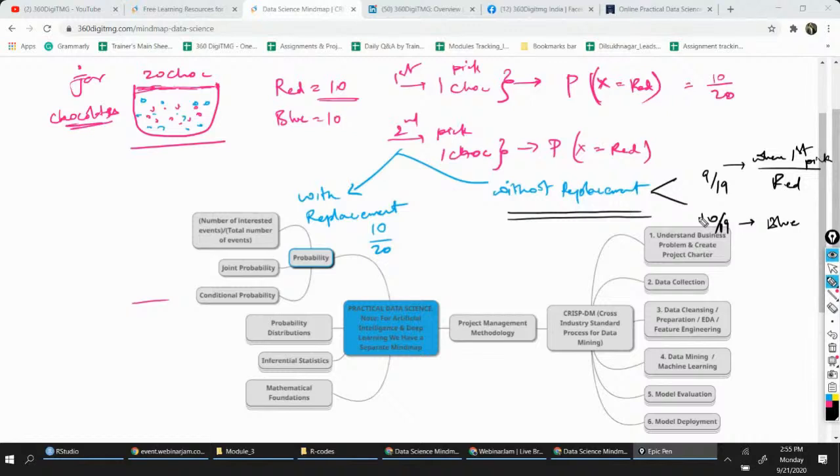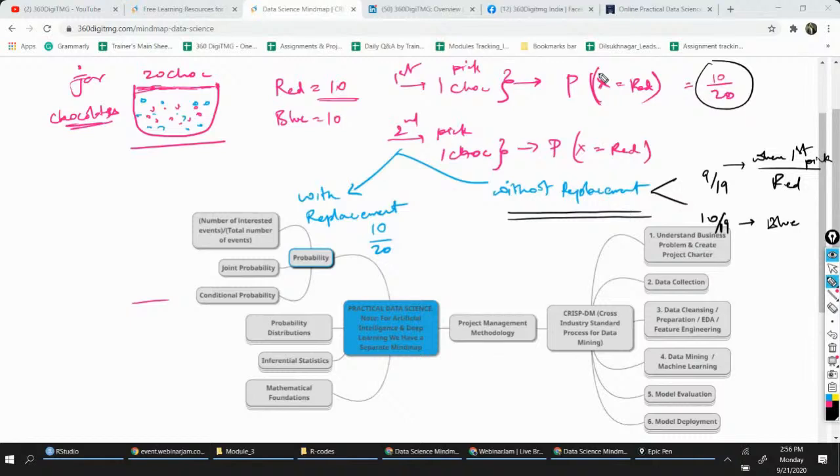But without replacement, the second pick result will always depend on the output that we got in the first pick. Now, this is only a chance that we are measuring. It is not the output. It is the chance of the output. You have an equal chance that you might get a blue chocolate also, right? We don't know what the outcome was.